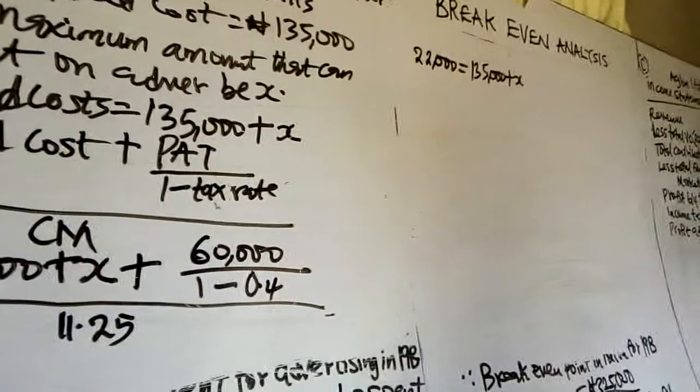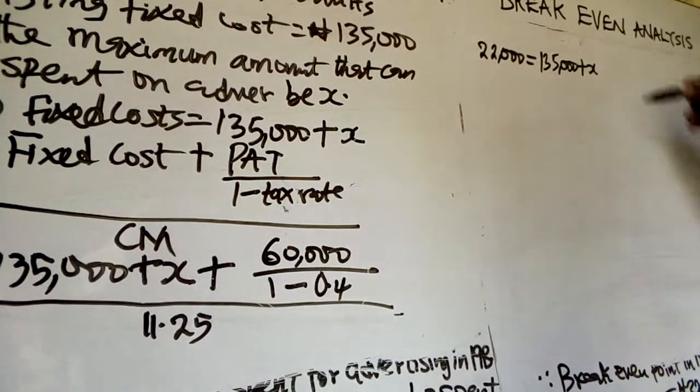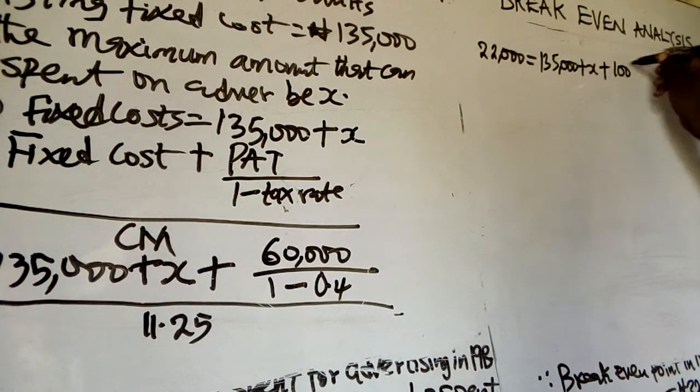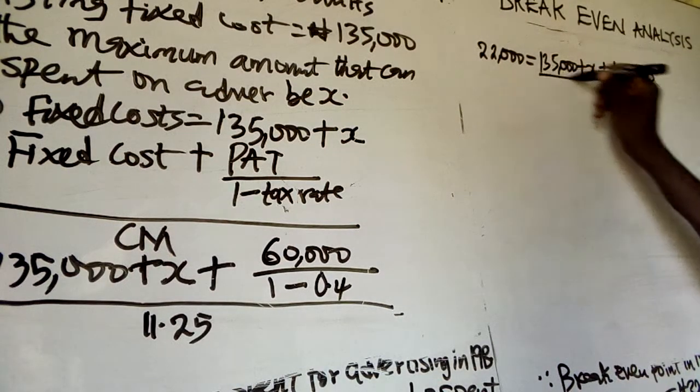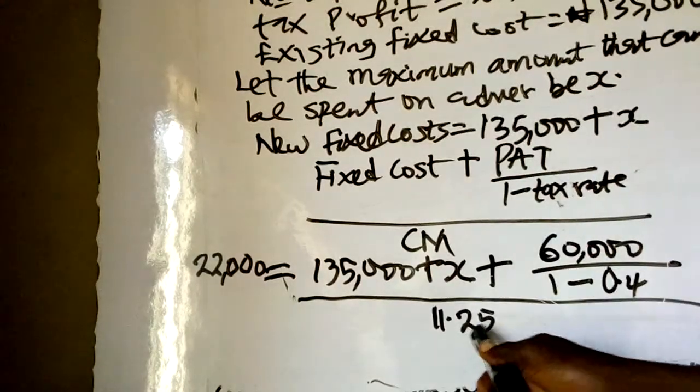So we have 135,000 plus X plus 100,000, all over the denominator, 11.25.